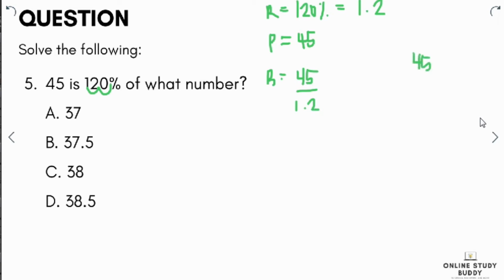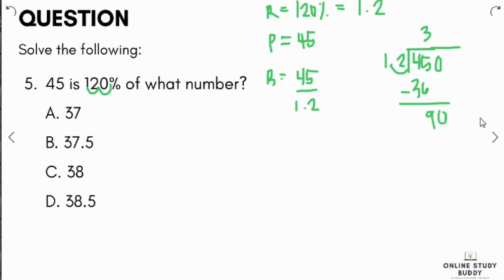So, solve natin siya. 45 divided by 1.2. So, we move natin yung decimal place to the right and then proceed with 45 divided by 12. So, we have 3. Then, multiply this equals to 36 and then get the difference. We get 9 and then bring down the 0.